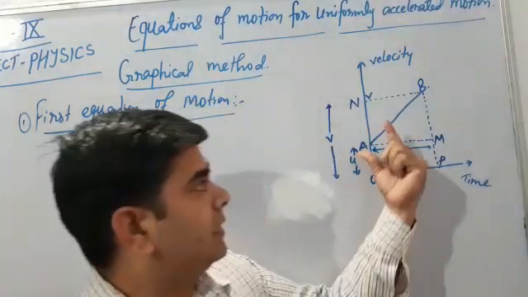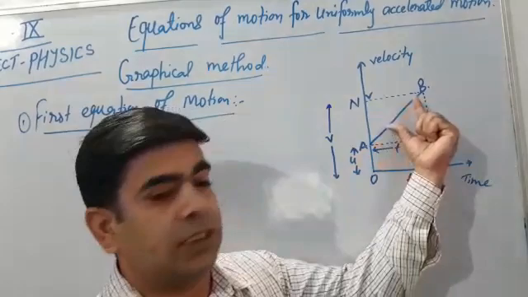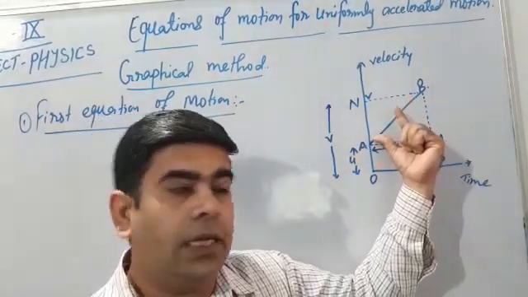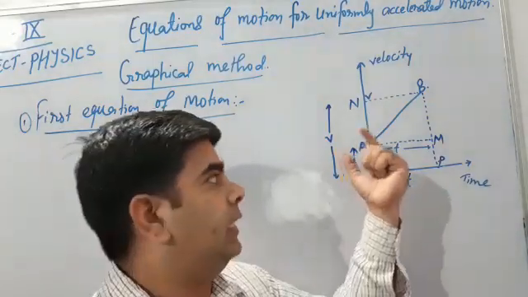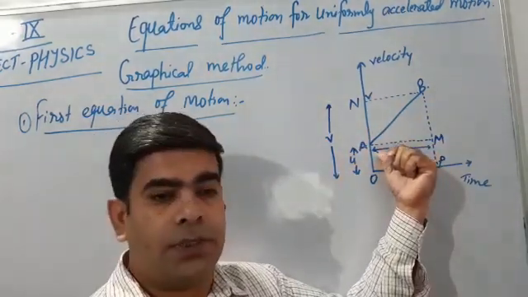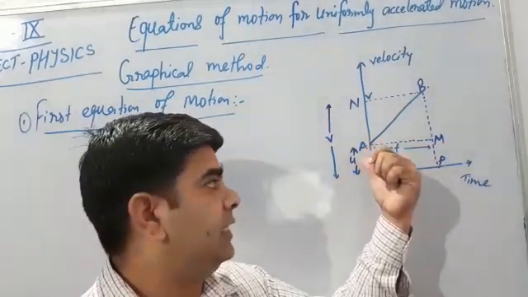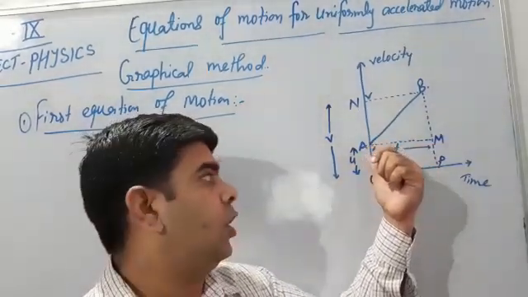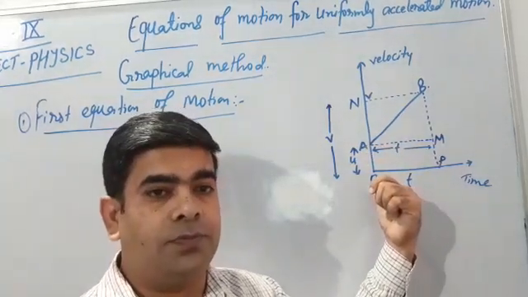So consider the motion of a body moving in a straight line with increasing velocity. Let the initial velocity of the body be u. This is the velocity of the body at t is equal to 0.